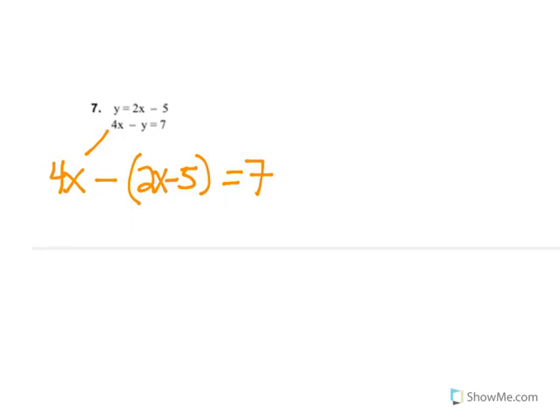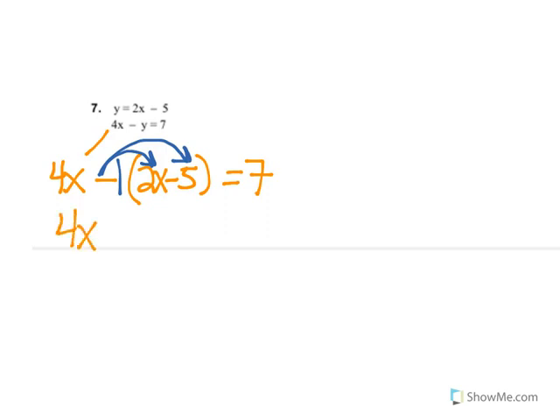Now this is why the parentheses are really important. Because we have this minus sign in front of the parentheses, we need to distribute it. It's like saying that there's a minus 1 right here. You can't see the number 1 there, but it's there. And we've got to distribute that minus through the parentheses. So the 4x doesn't change.